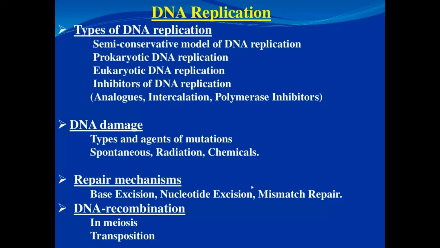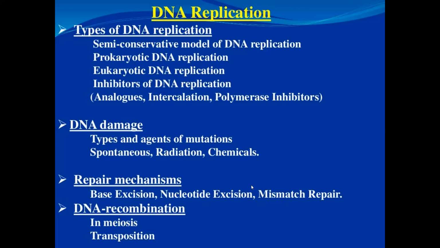So today I want to continue the session with DNA replication, where we will deal mostly with the types of DNA replication, and I'll go in depth into the semi-conservative model of DNA replication. Then we will also see the difference between prokaryotic and eukaryotic DNA replication, as well as the inhibitors of DNA replication. So this I would like to cover.